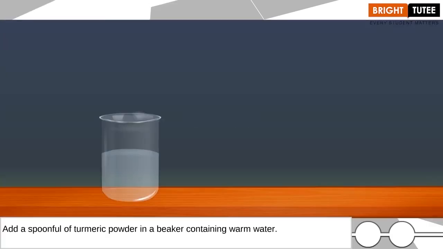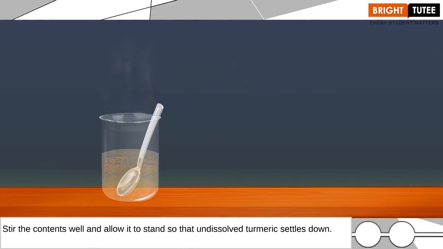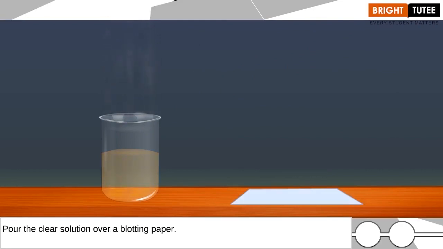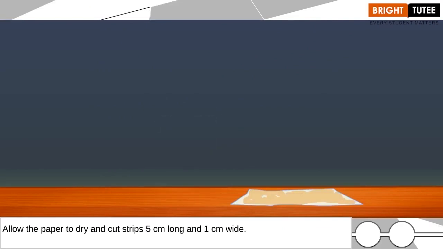Method: add a spoonful of turmeric powder in a beaker containing warm water. Stir the contents well and allow it to stand so that undissolved turmeric settles down. Pour the clear solution over a blotting paper. Allow the paper to dry and cut strips 5 cm long and 1 cm wide.